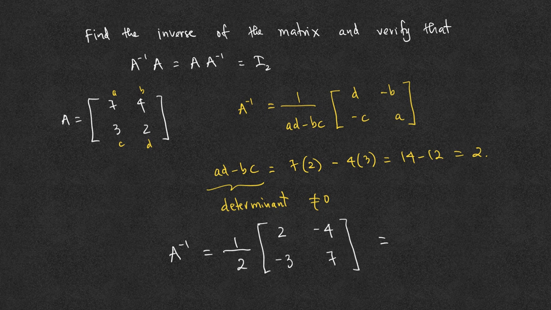But we want a matrix, not a scalar multiple of the matrix, so we distribute the 1/2. 1/2 times 2 is 1. 1/2 times negative 4 is negative 2. 1/2 times negative 3 is negative 3 over 2. And 1/2 times 7 is 7 over 2. This is the inverse of the matrix A.